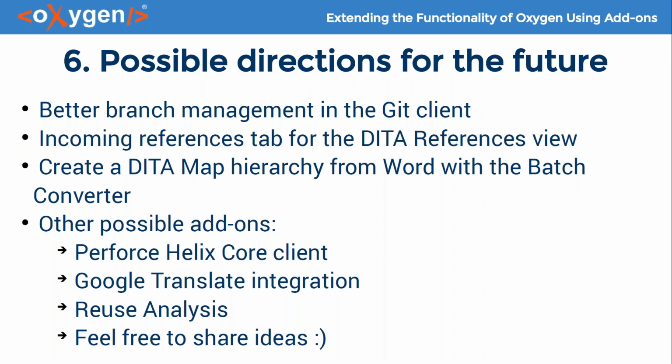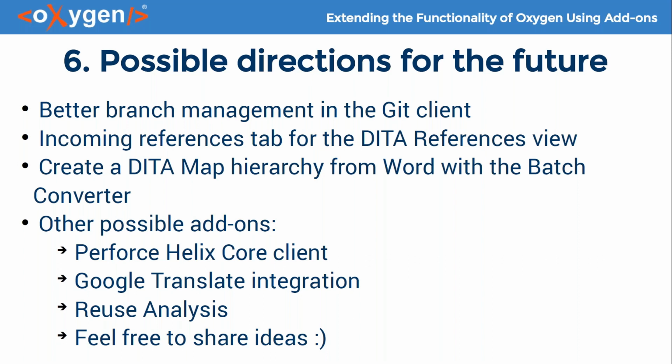In regards to the batch converter, we have this idea of creating a data map hierarchy from a Microsoft Word document, which is long and contains several sections. So each section could be a separate topic in the data map hierarchy.